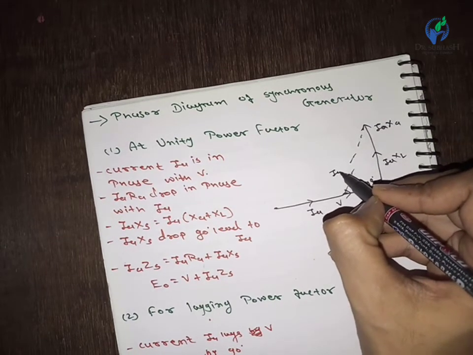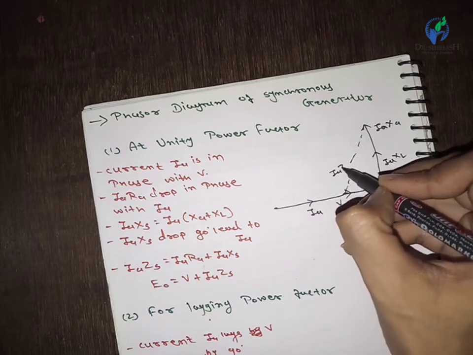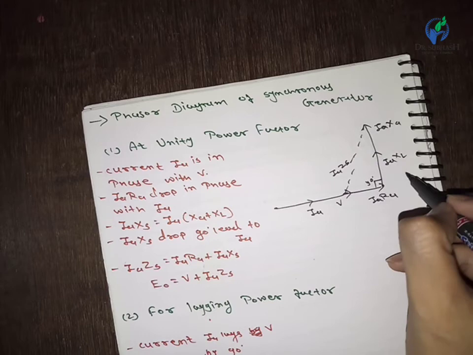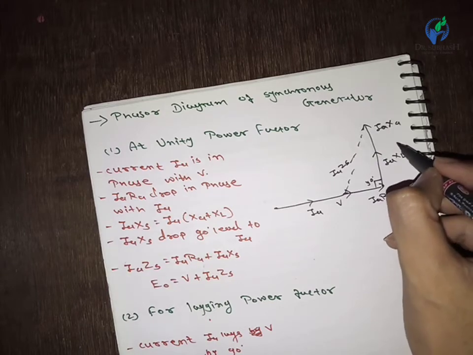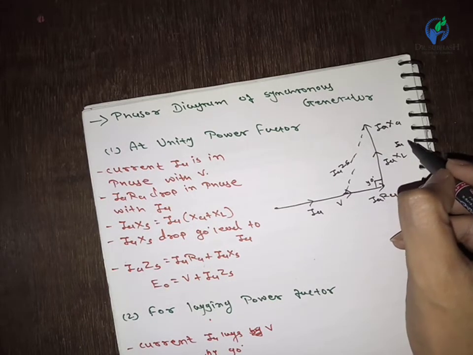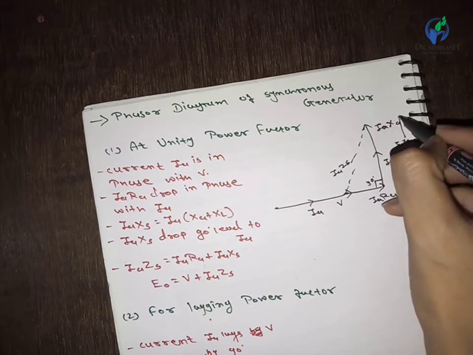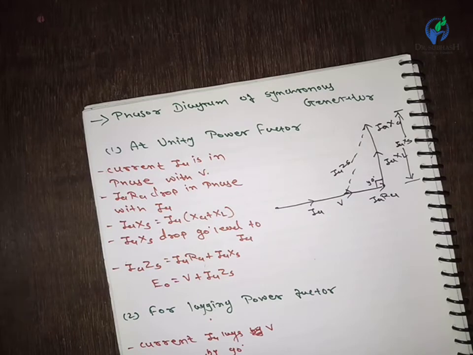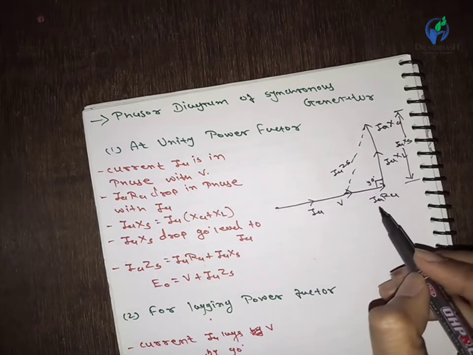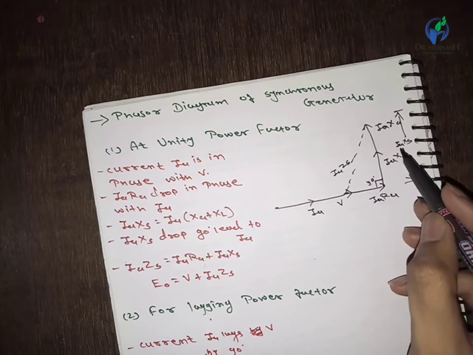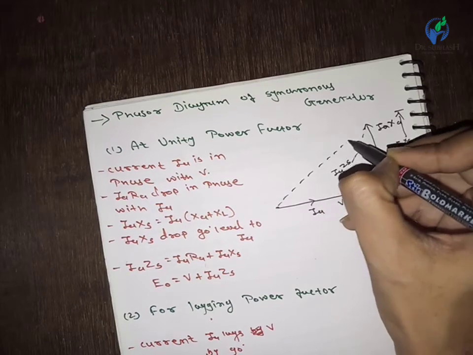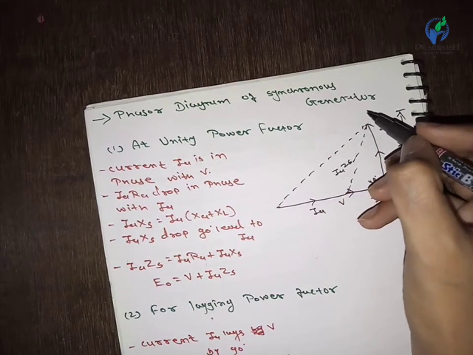There is Ia into Zs. This is a common line. It is represented as Ia into Xs. When we draw the resultant phasor of Ia into Ra and Ia into Xs, the resultant output is E0.